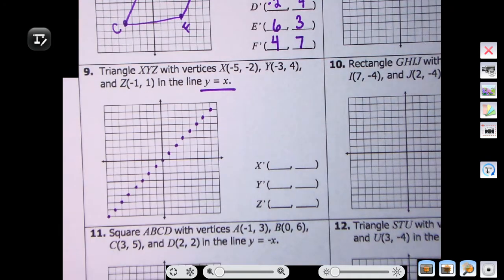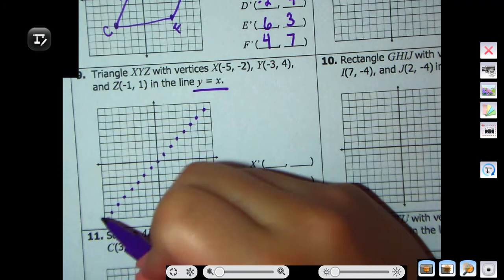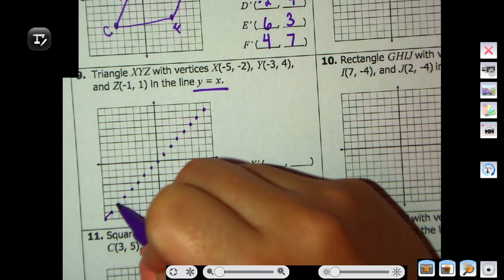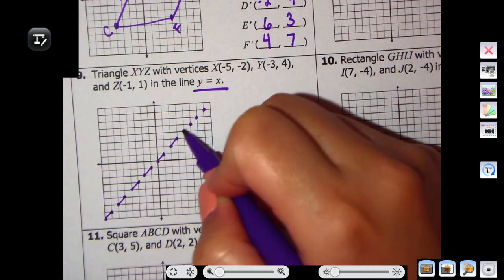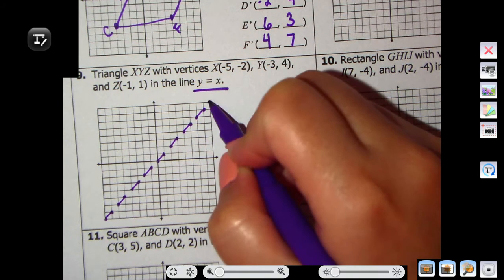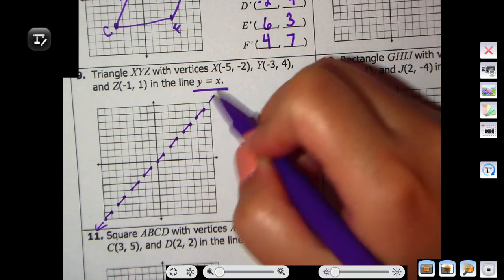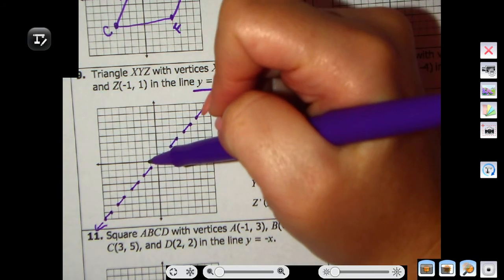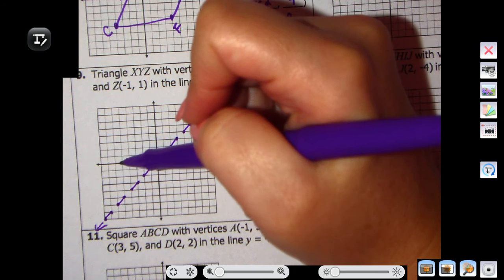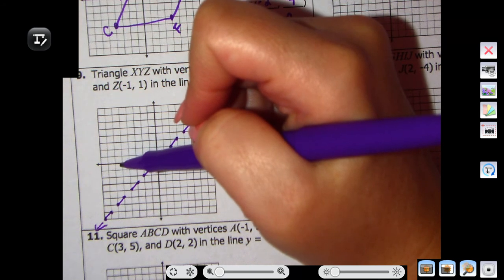So that's the line y equals x. Okay, so let's plot our triangle first. So I've got negative 5, negative 2, 1, 2, 3, 4, 5, and then down 2.